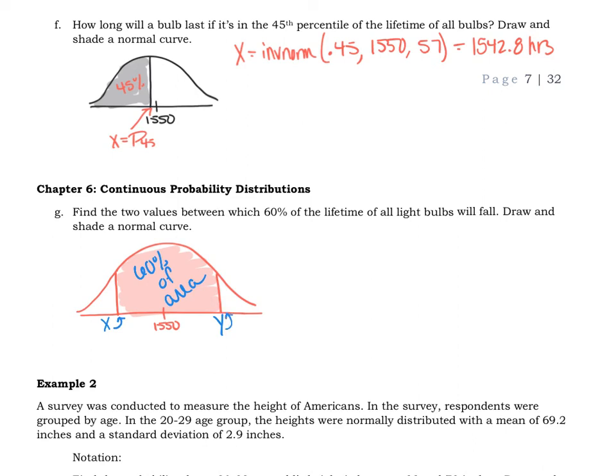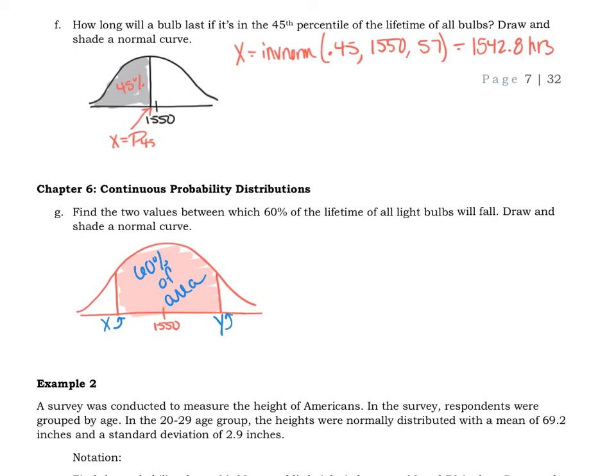On your calculator, you can do your inverse normal. You can type in your area of 60%, your mean of 1550, and your standard deviation of 57. And as you might suspect, this is the perfect time to select center when it says tail, because you are looking for the area in the center. You're going to get two different values reported to you.